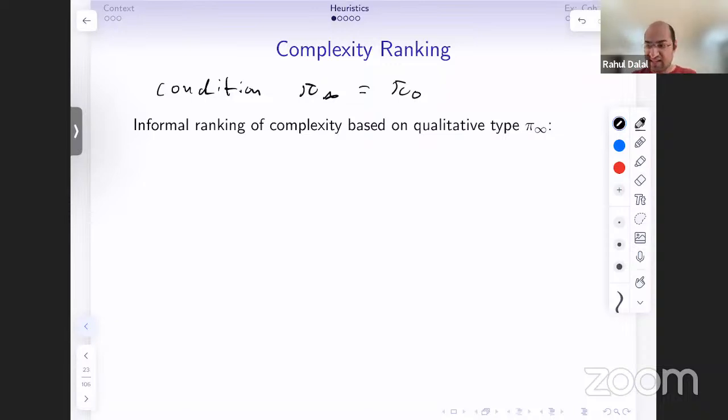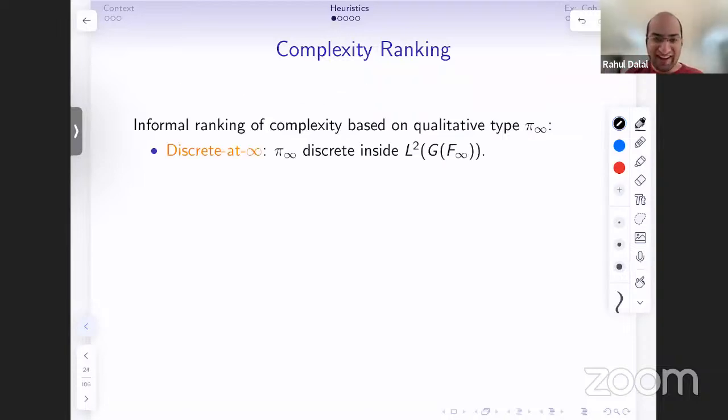When we're looking at this condition, there's an informal ranking of complexity that I like to think about, based on the qualitative type of this pi infinity. Remember in the previous talk, we mentioned that we first looked at discrete series because discrete series are kind of the easiest kind of representation at infinity. So there's a ranking of more and more complicated representations at infinity that make the counting problems more and more complicated.